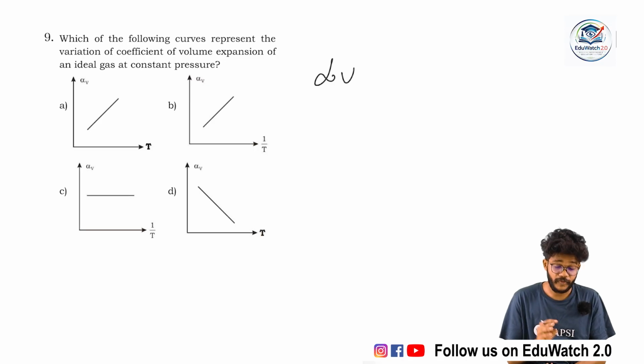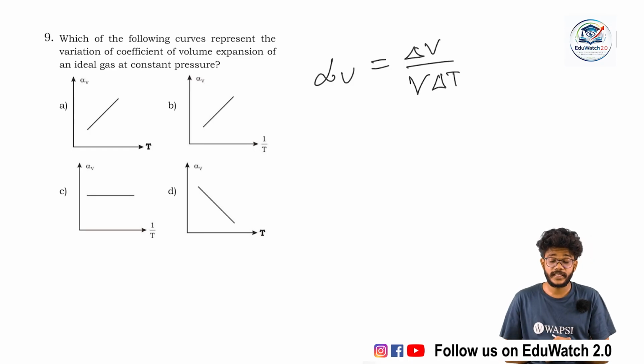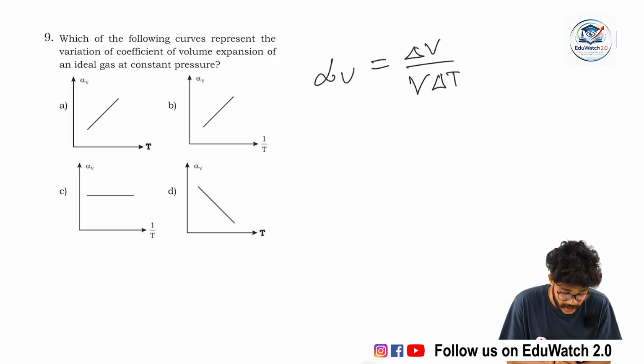Alpha V is nothing but change in volume by original volume, into change in temperature. So actually that is change in temperature, not temperature.